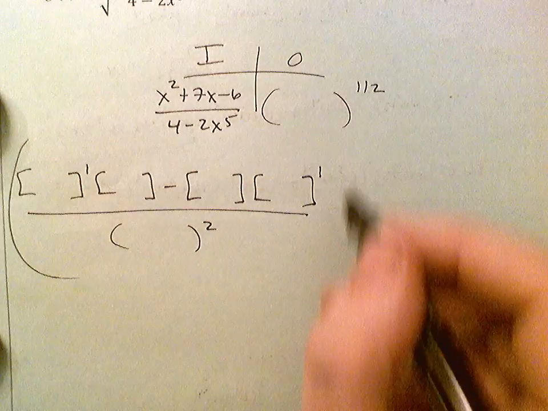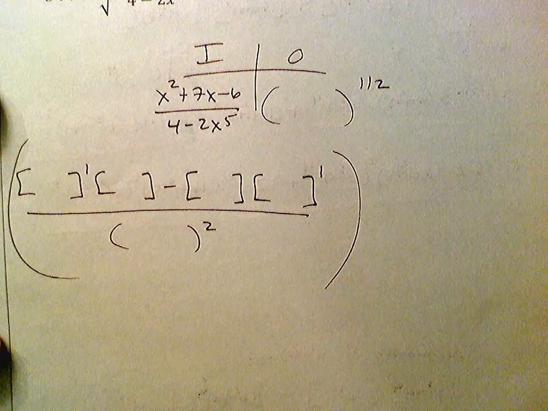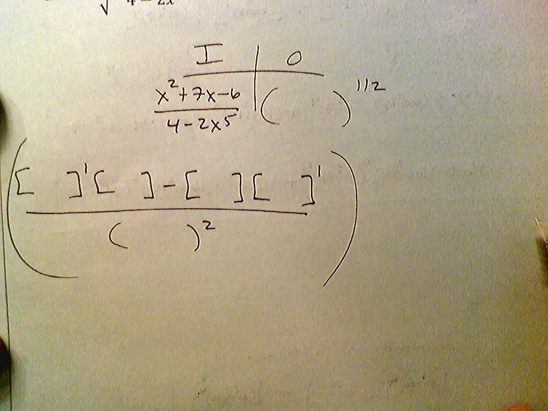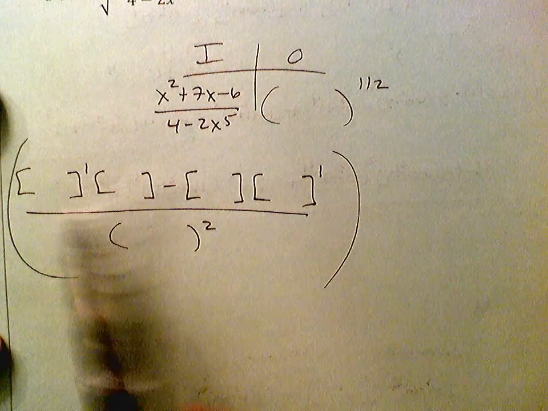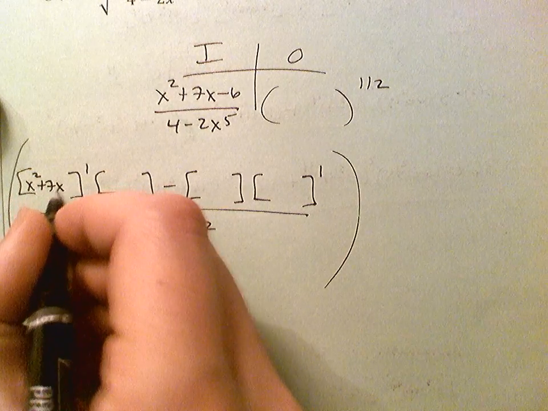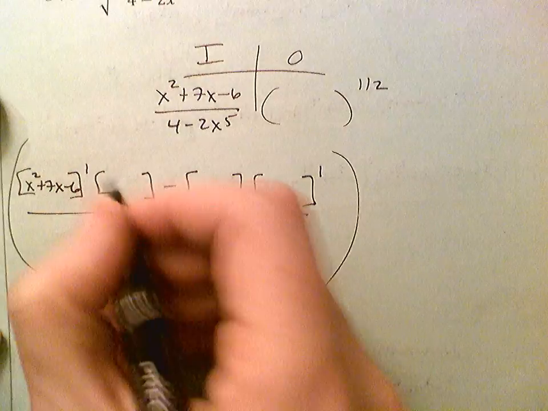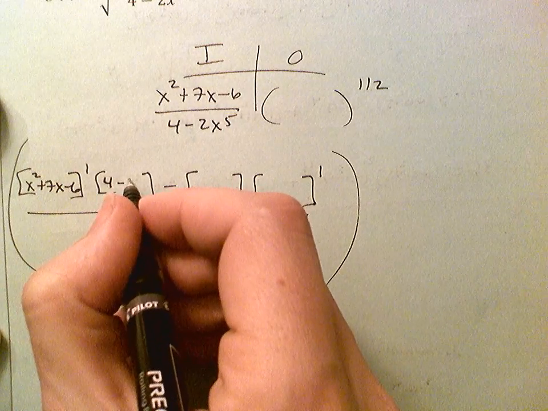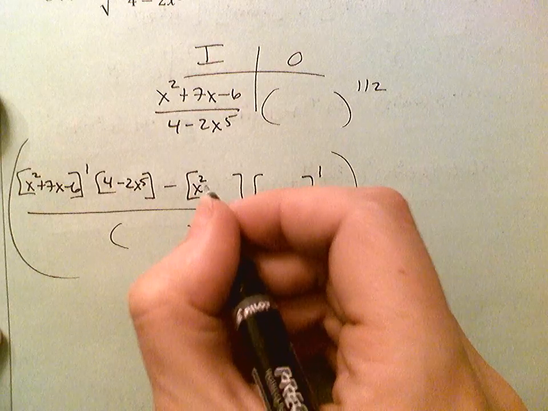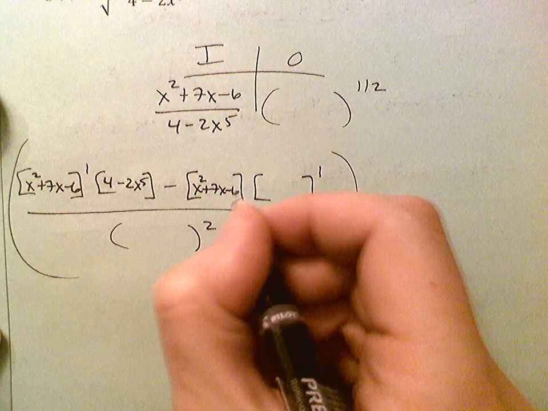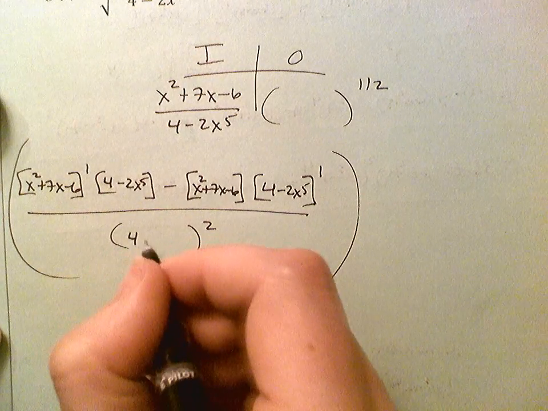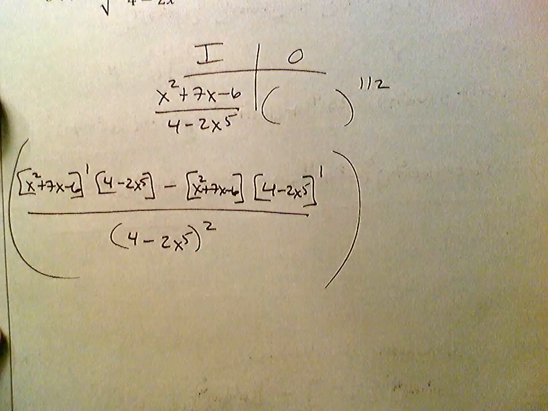I'm putting parentheses around this whole big thing because I'm going to have the derivative of the outside function coming down next to it. In here goes x to the second plus 7x minus 6. And here goes the denominator, 4 minus 2x to the fifth. And I just write those again: x to the second plus 7x minus 6, and 4 minus 2x to the fifth.